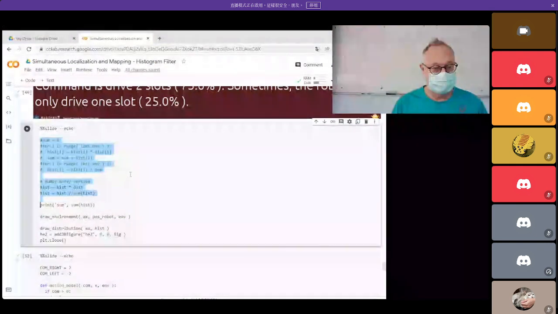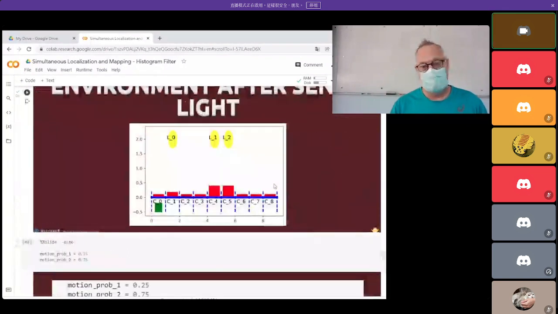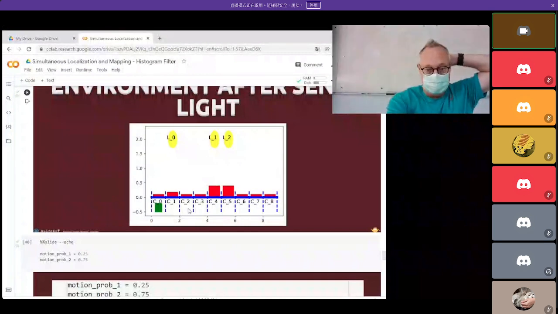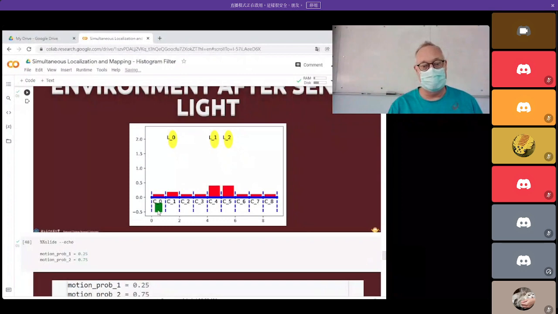We need to make a histogram of our motion. Correct, the probability. So you want to draw another picture like this. If I execute command to go to the right, then what happens to the red graph, the red bars? Because right now the robot is at location C0.